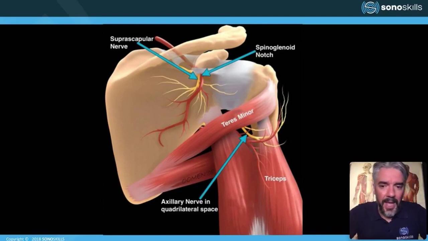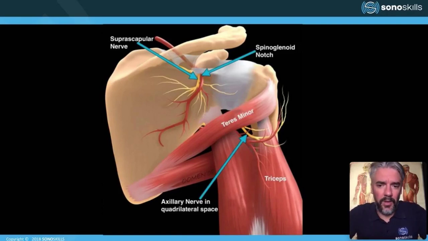This impingement can happen due to fibrous bands in the muscle, hypertrophy of muscle, swelling, muscle tearing, cysts, or trauma. So there is a variety of reasons why this could impinge.